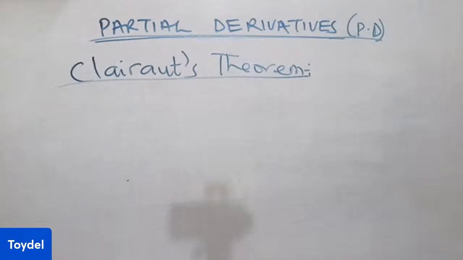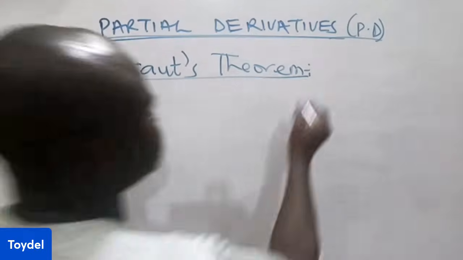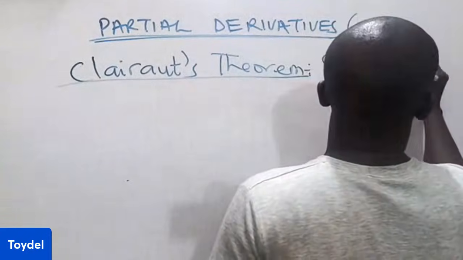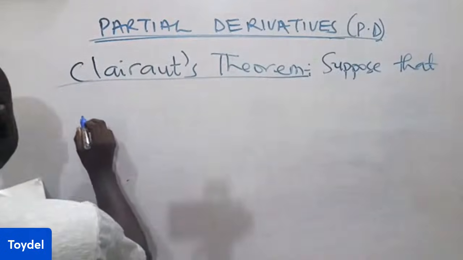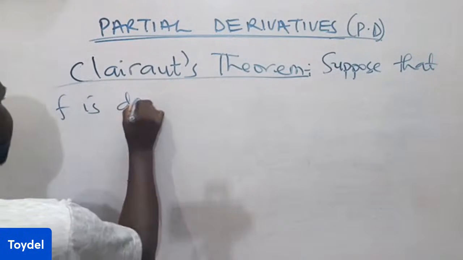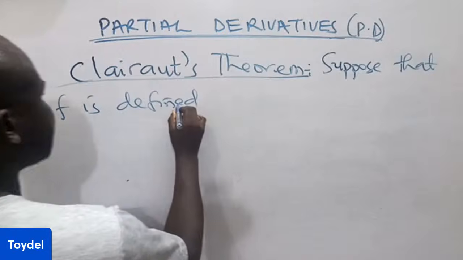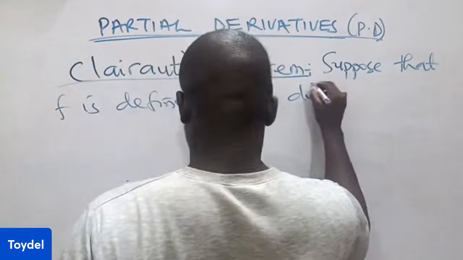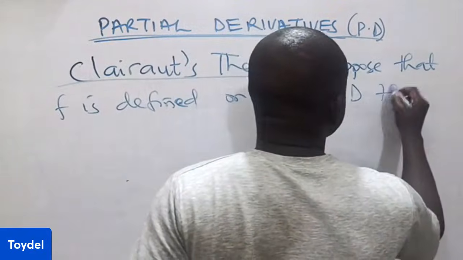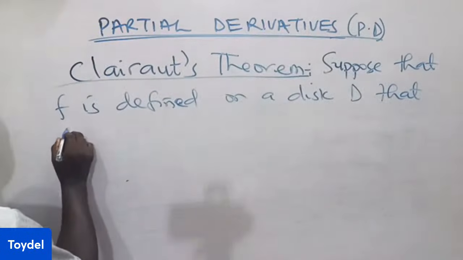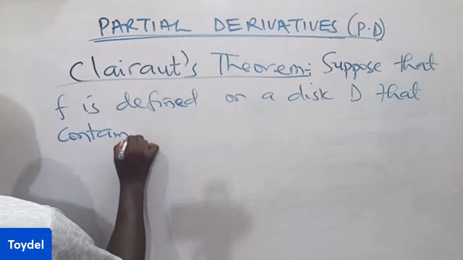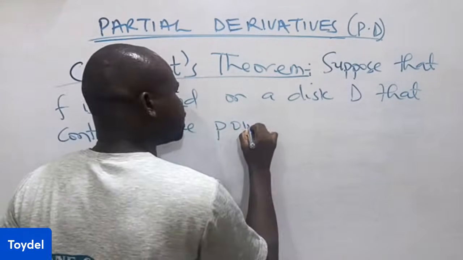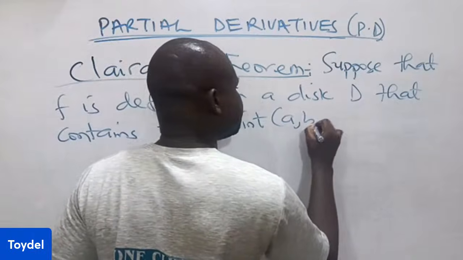So the theorem says that, suppose that f is defined on a disk D that contains the point (a, b).